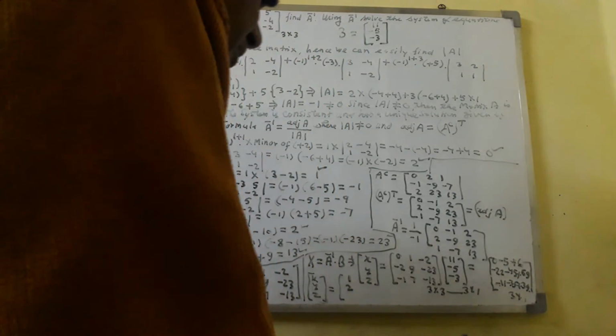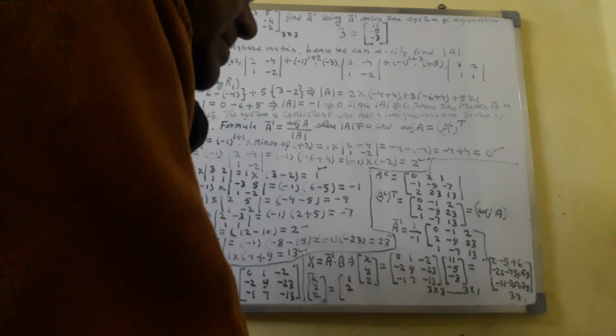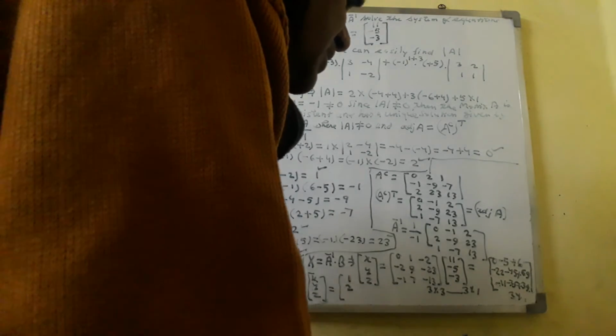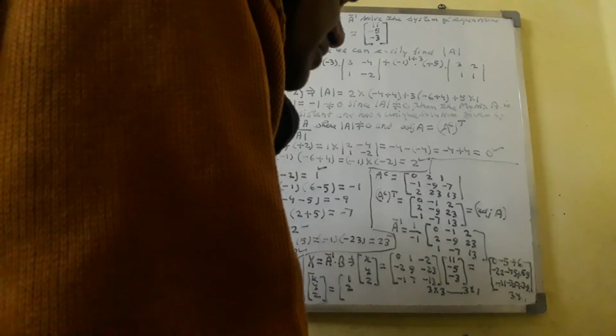And here you will get minus 11 minus 35 plus 39. So what will be the result here? You will get 39 minus 35, the plus you will get.